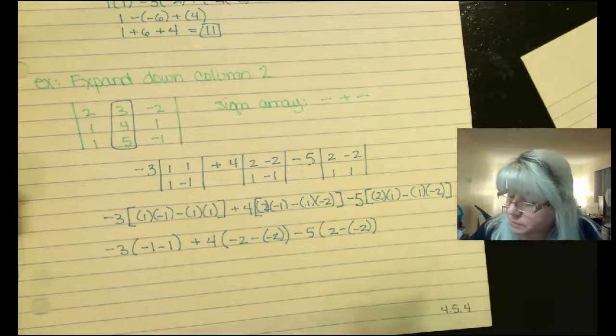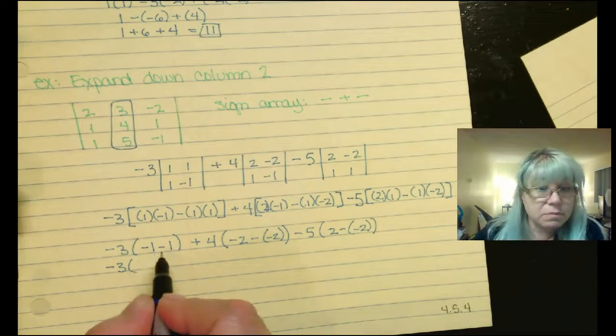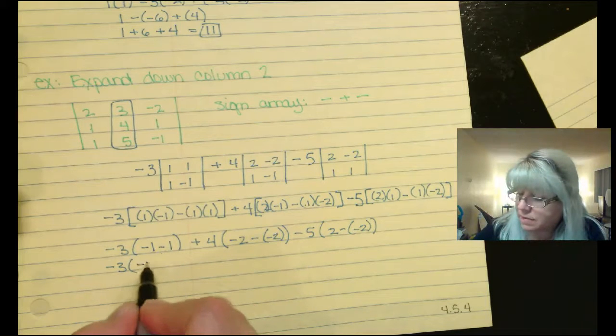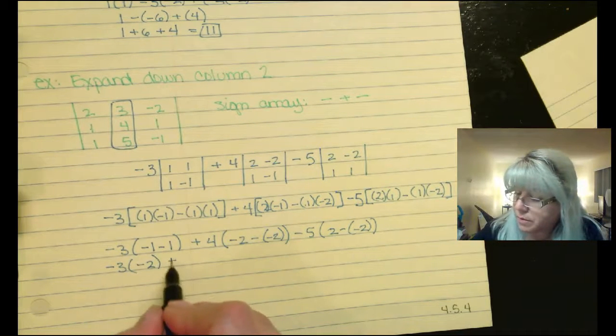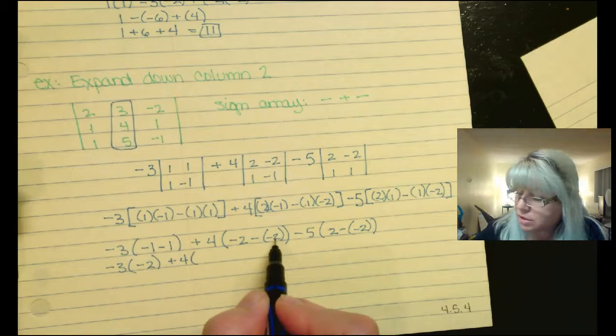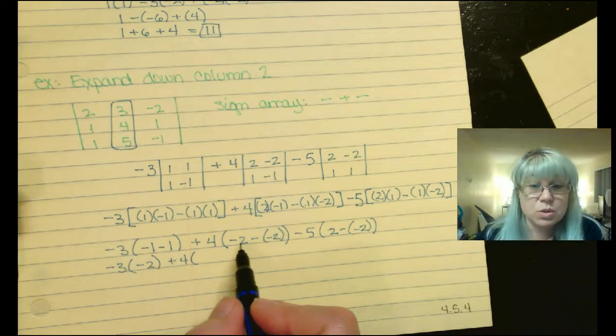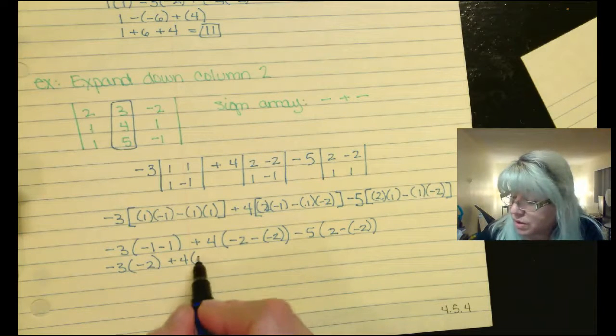All right, getting there. 3 times negative 1 minus 1 is negative 2. 4 times negative 2 minus 2 is really going to be negative 2 plus 2, therefore that is 0.